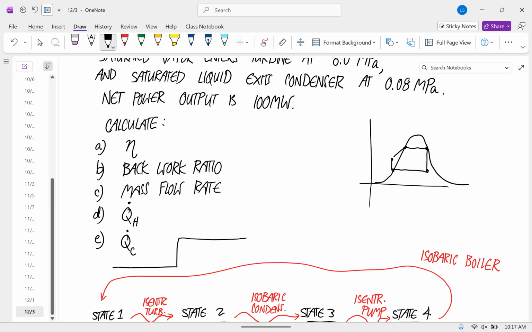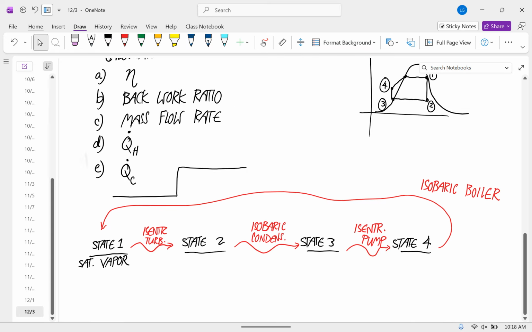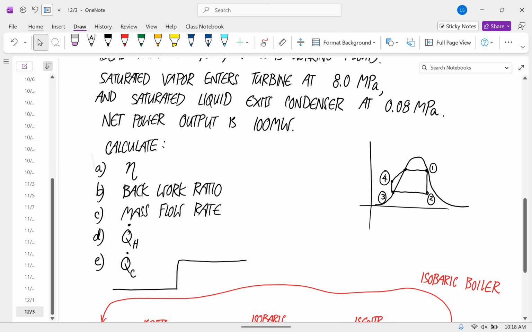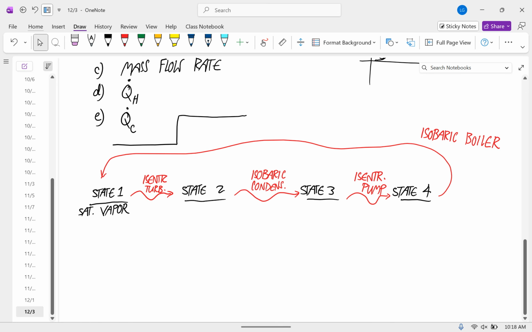This is state 1, state 2, state 3, state 4. And so you can see from the ideal Rankine cycle that state 1 has to be a saturated vapor. And we're given that the pressure here is 8 times 10 to the 6, putting everything in SI units.